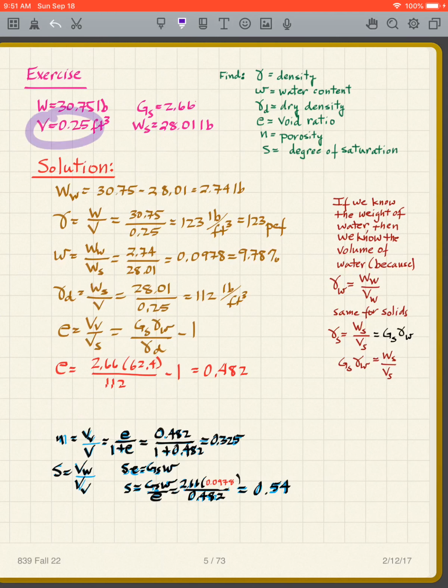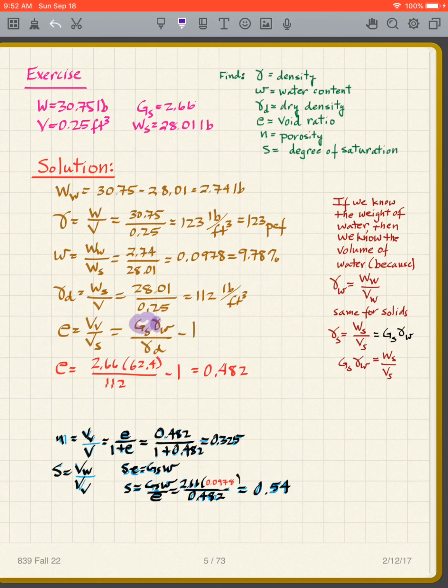We know the total volume, we know the weight of the solids. So we divide those two, we get 112 pounds per cubic foot. And E is the volume of the voids over the volume of the solids, or we can use the little shortcut equation that I gave you on the previous page, which is that. So look for the shortcut equations, and it can save you some time, for instance, on the PE exam.